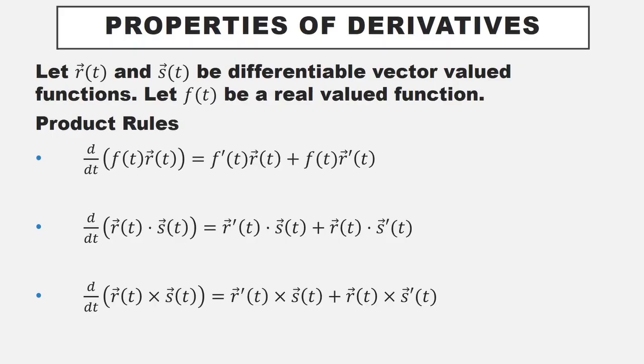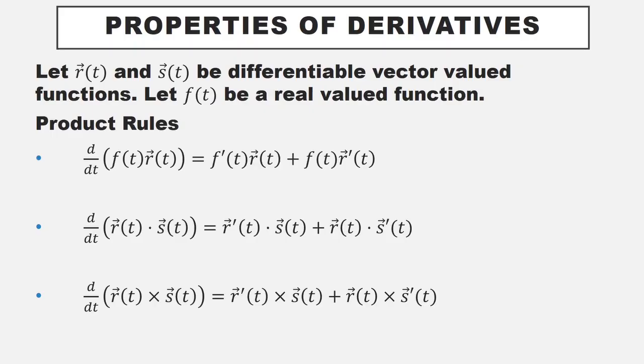We can take scalar multiplication products, we can take dot products, and we can take cross products. It turns out if we're doing any of those three products, then the product rule of derivatives will work as long as I keep the type of product the same.